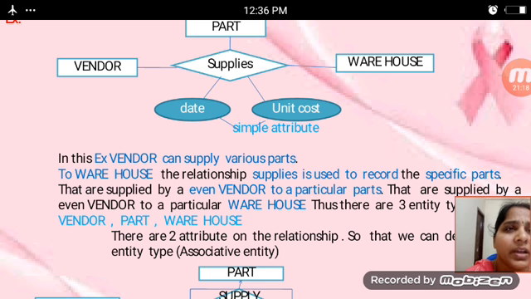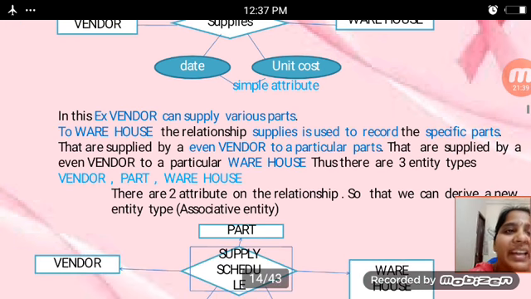The vendor has to supply many parts. And for the warehouse, the relationship "supplies" is used to record the specific parts that are supplied by a given vendor to a particular warehouse.